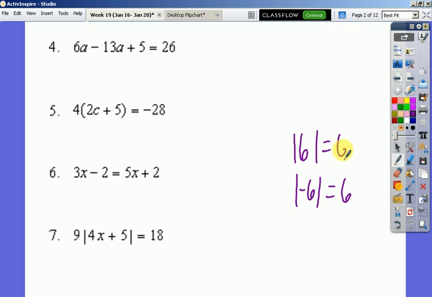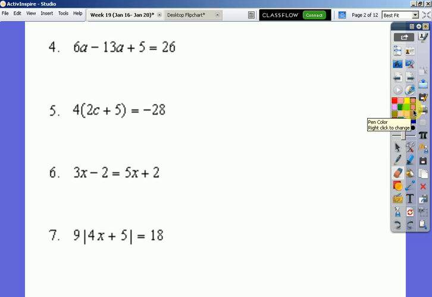Those are both 6 units away from 0. We're going to be looking at a word problem in a few slides that's going to ask us to set a minimum and maximum with an absolute value. So do pay attention to that one. That one is a relatively new concept.